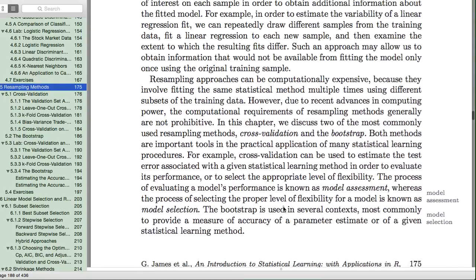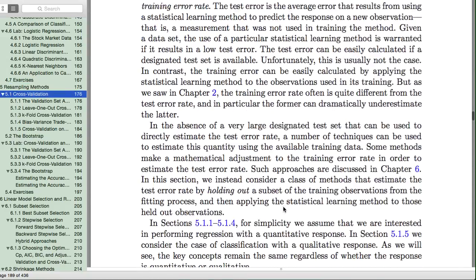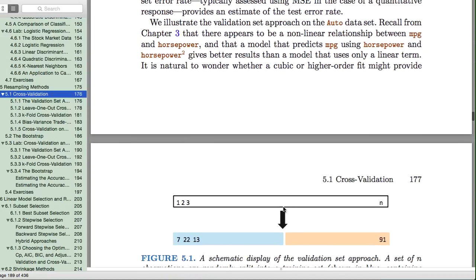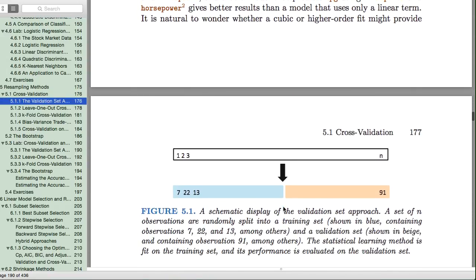The first way that's talked about here is really too simplistic, the validation set approach. That approach, which is shown in this picture here, is that we take a portion of the training data, and we call that the training data, but then we take a portion of the training data, and we call that the test data. Or actually we call it the validation data, but it's essentially playing the role of the test data.